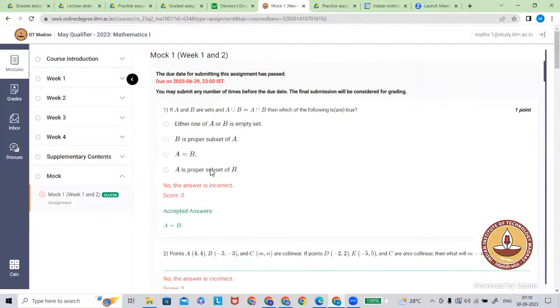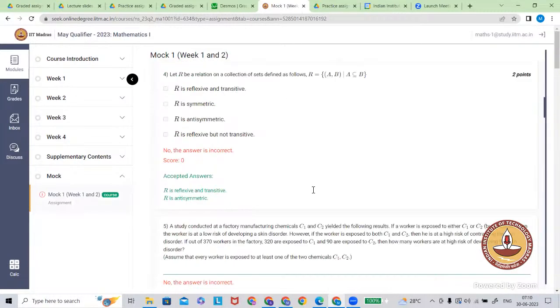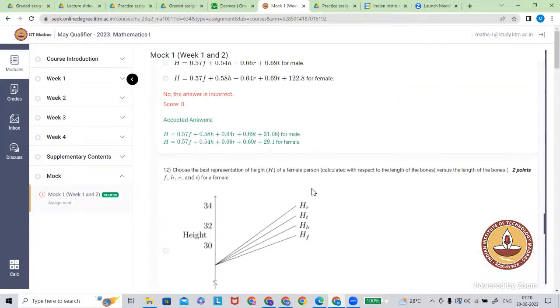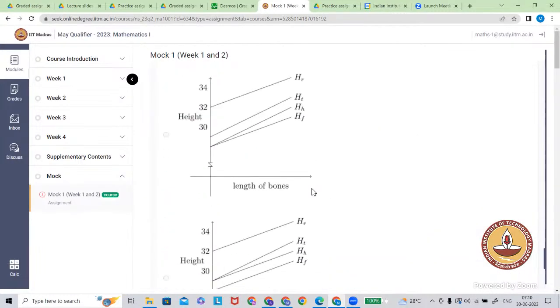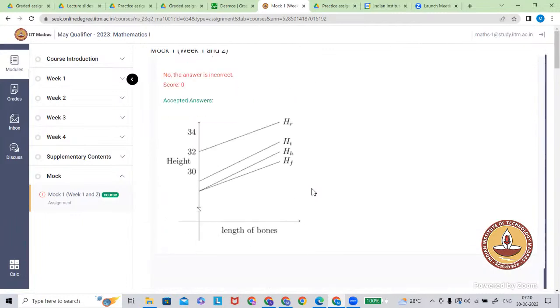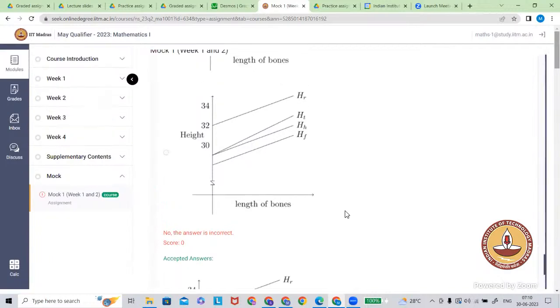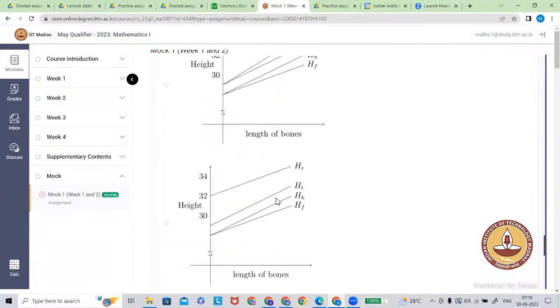Yes. Which question number? I have 11 and 12. Week 3 practice assignment. No, Tripti has a mock doubt first. Which question number? 11 and 12.